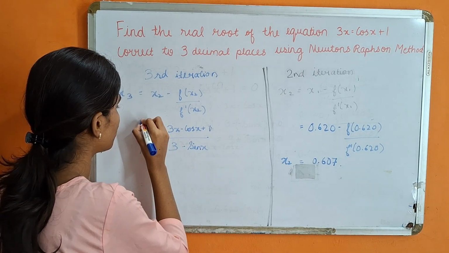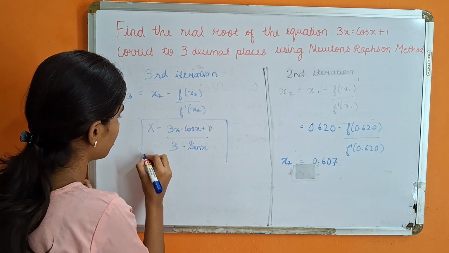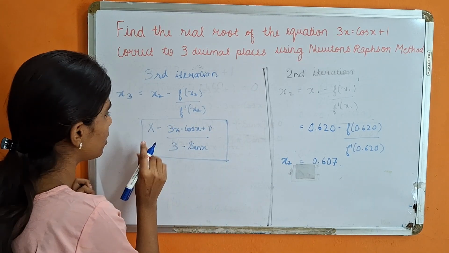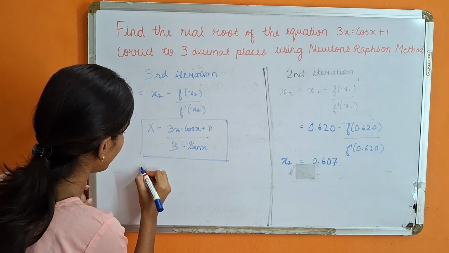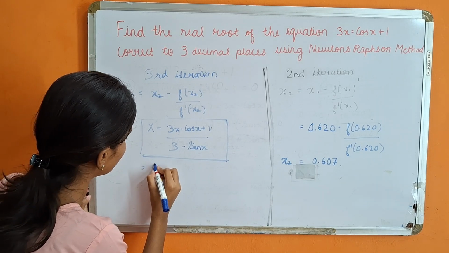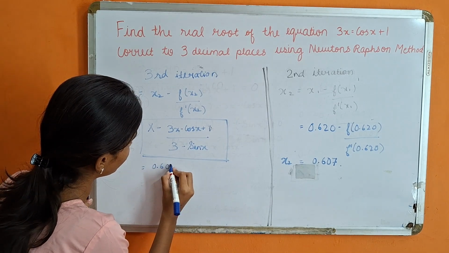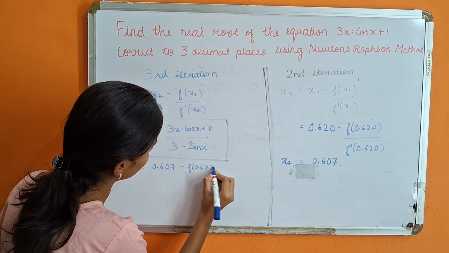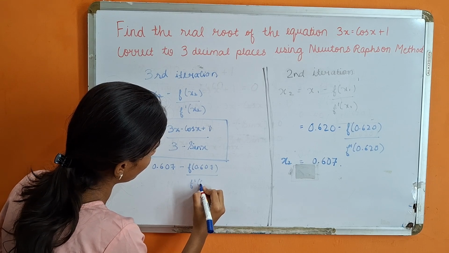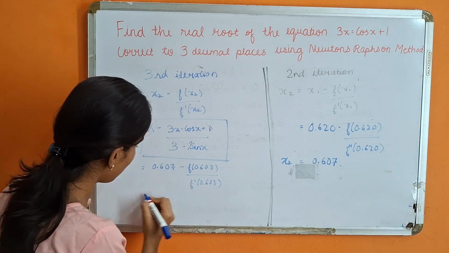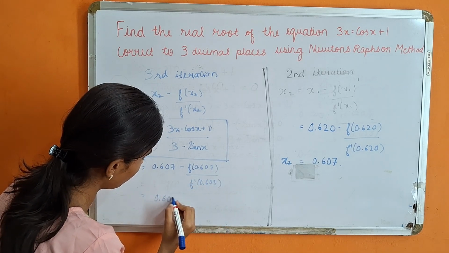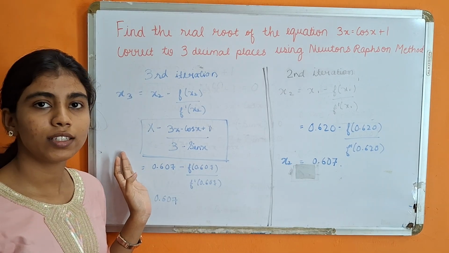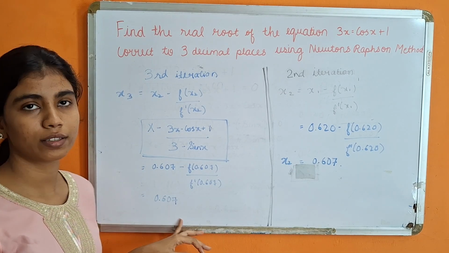When you press the solve button, it will ask for x. Your x is 0.607. If you put 0.607 and solve it, you again get the answer 0.607.